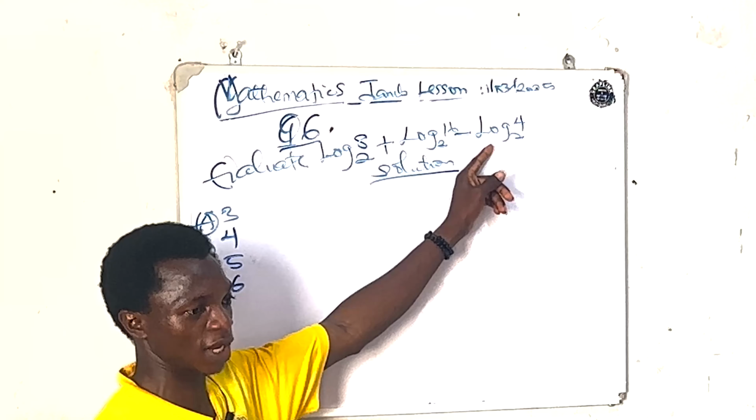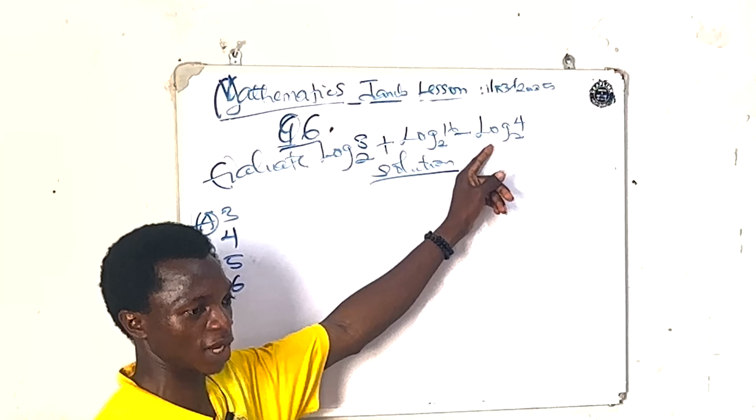Now look at this case. In this logarithm, you have log of 8 in base 2 plus log of 16 in base 2 minus log of 4 in base 2. All the logarithms are given in the same base, and you must remember from the theory of logarithm that whenever I give two logarithms to add together, which appear in the same base, their logs are multiplied together.